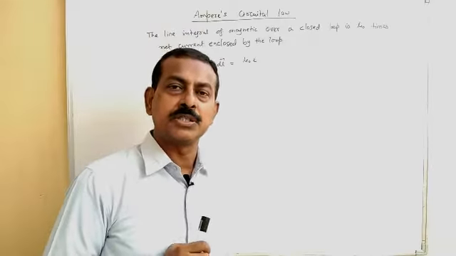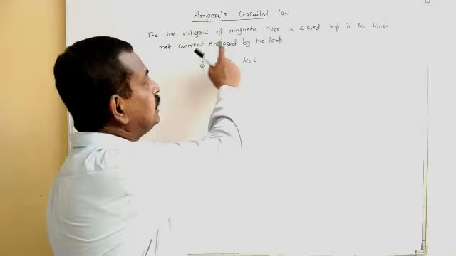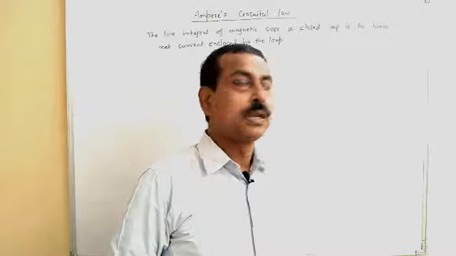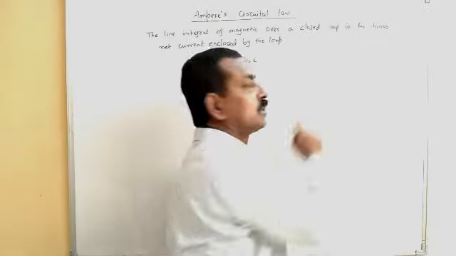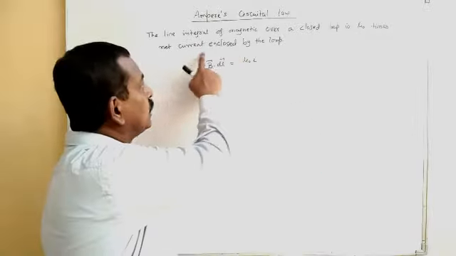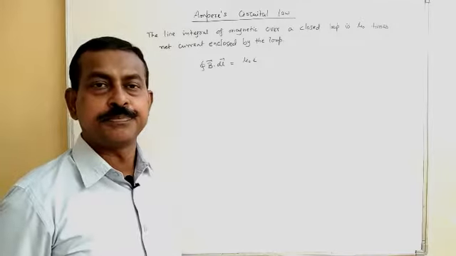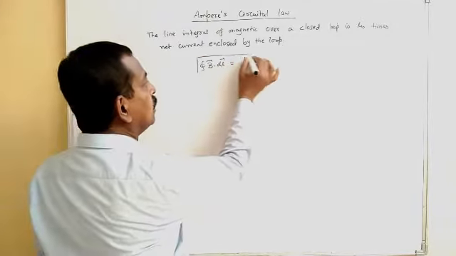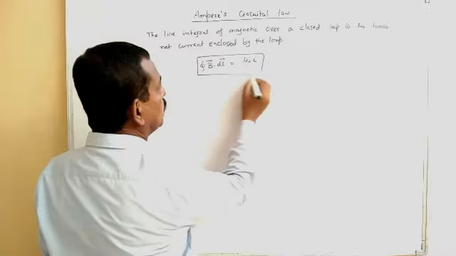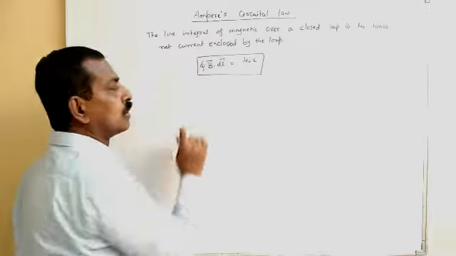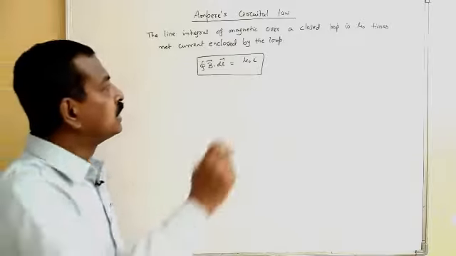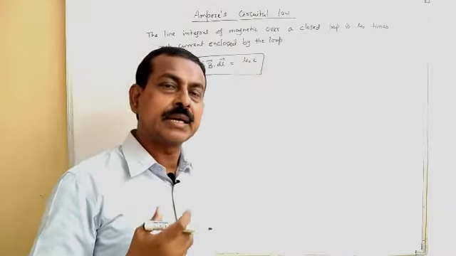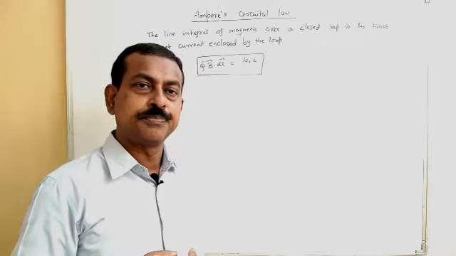Ampere Circuital law statement is the line integral of magnetic field over a closed loop is mu naught times net current enclosed by the loop. Mathematically, we express it as integration of B dot dl over the closed loop equals mu naught times I. I will represent net current enclosed by the loop.